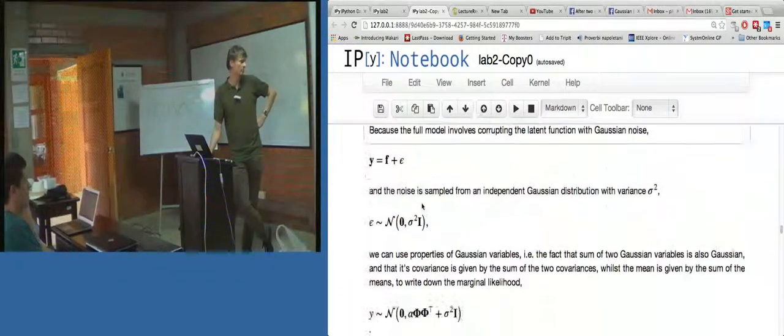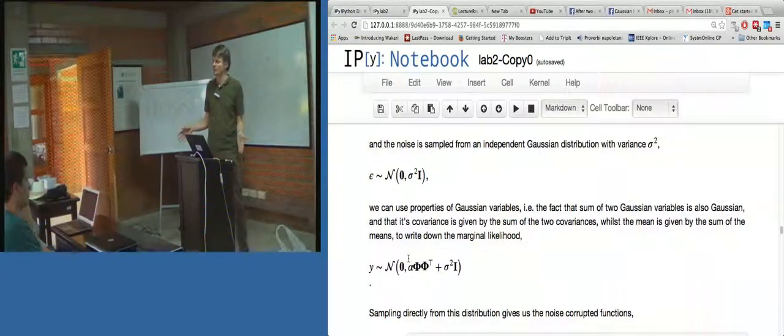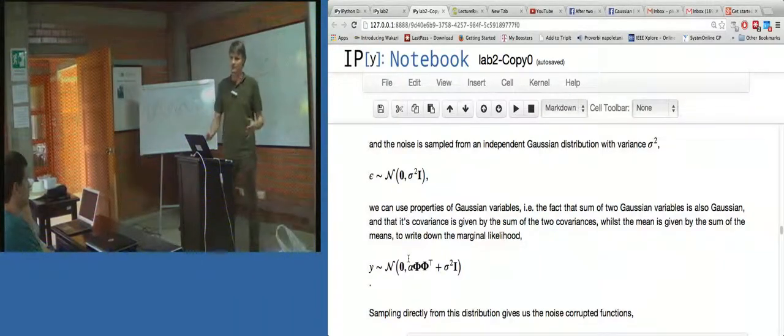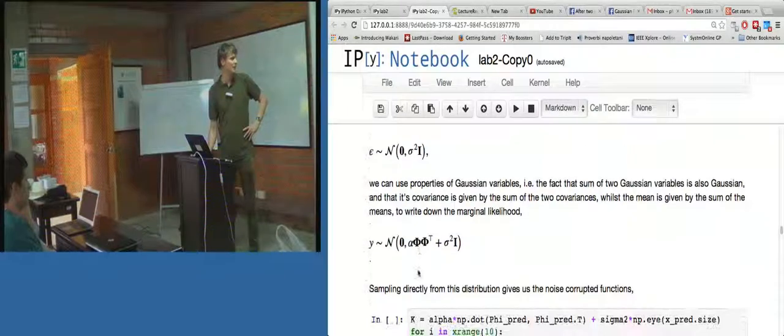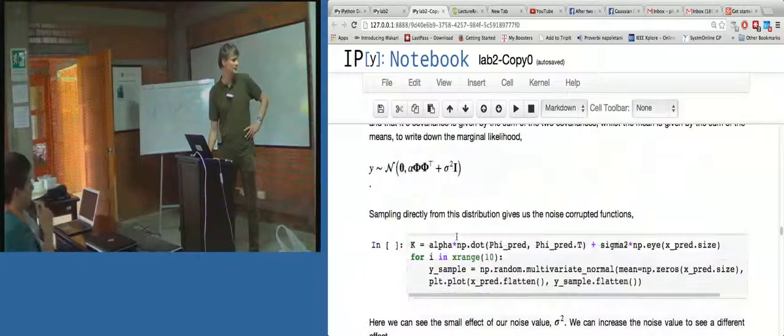Now, with two multivariate Gaussians added together, the mean is the sum of the means, and the covariance is the sum of the covariances. So we know immediately, without doing any complicated maths, just from properties of Gaussians, that the resulting marginal distribution must be Y sampled from a Gaussian with zero mean and a covariance which is F's covariance plus epsilon's covariance. So that's now the noisy system.